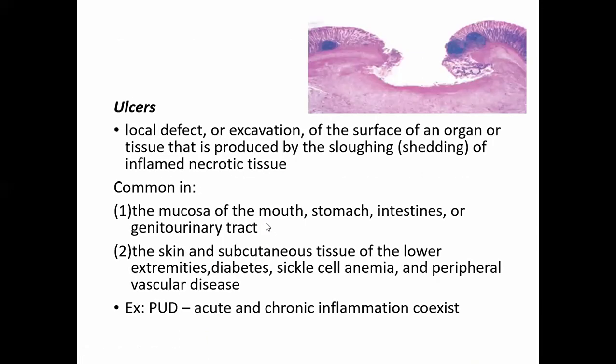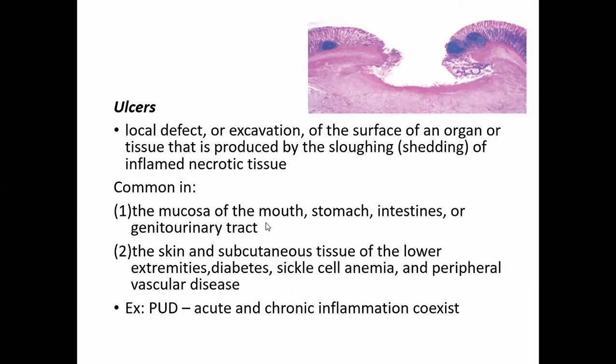For ulcers, these are a local defect or excavation on the surface of an organ or tissue produced by the sloughing or shedding of inflamed necrotic tissues. This is common in the mucosa of the mouth, in the stomach as in gastric ulcers, in the intestines, and the genitourinary tract.